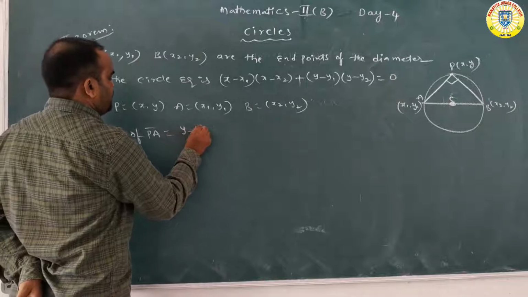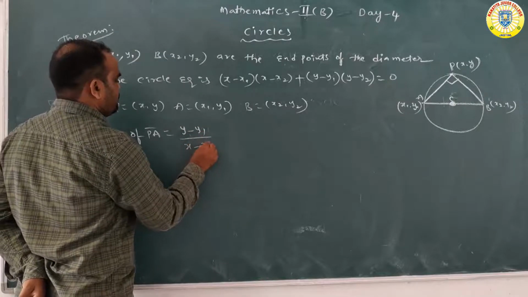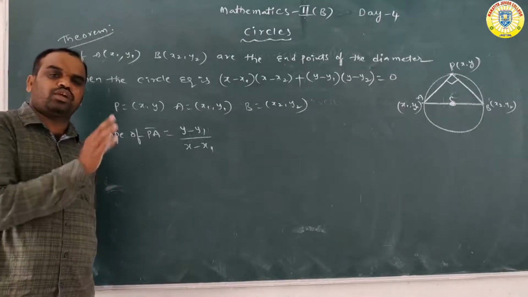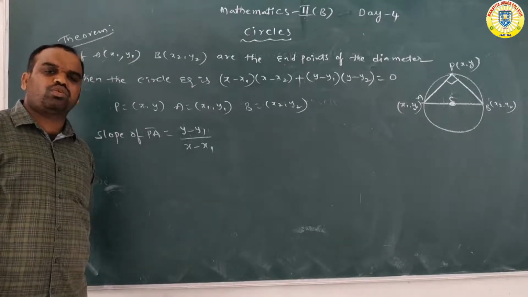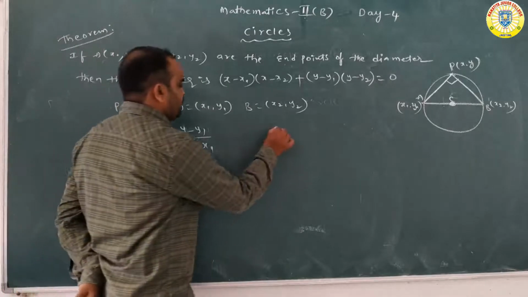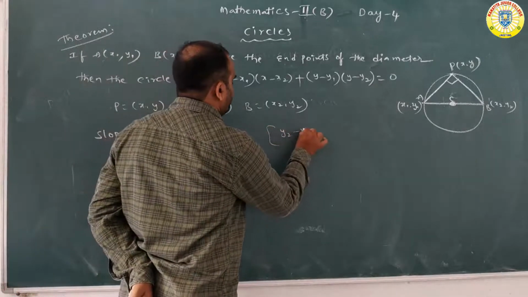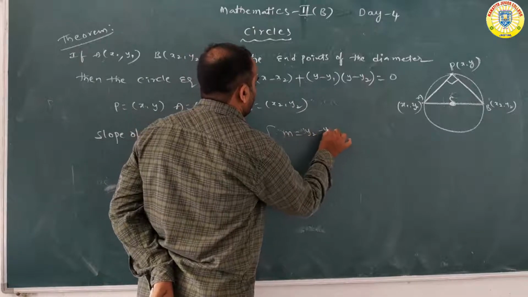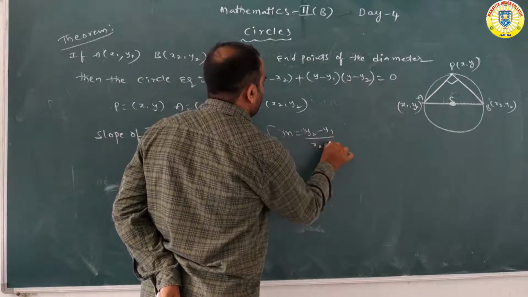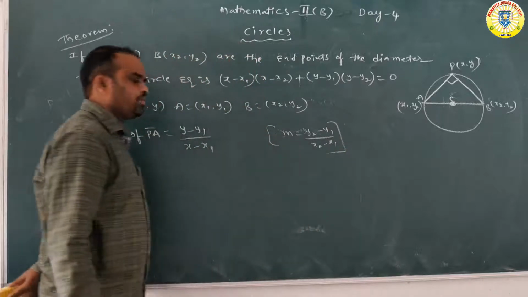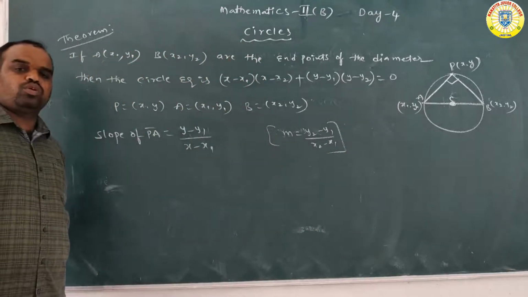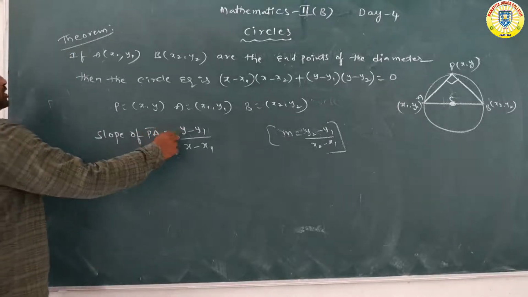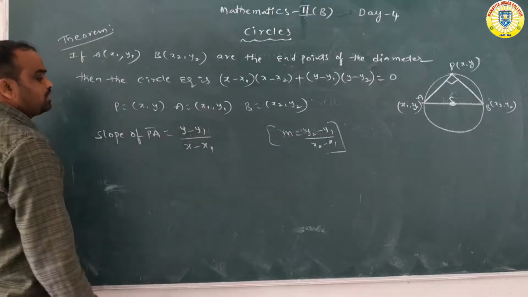The slope, always denoted by m, is (y2 - y1)/(x2 - x1). So the slope of PA is (y - y1)/(x - x1).